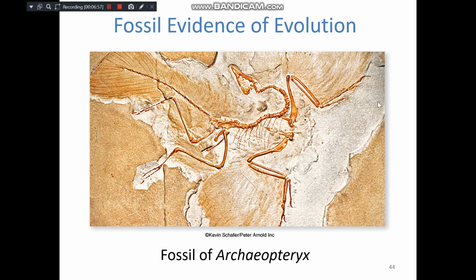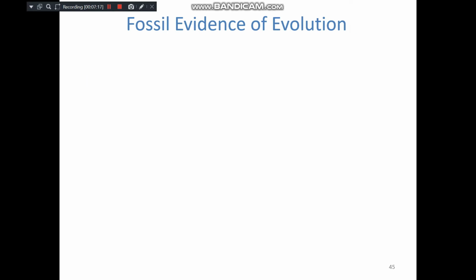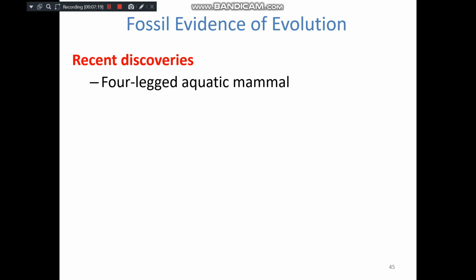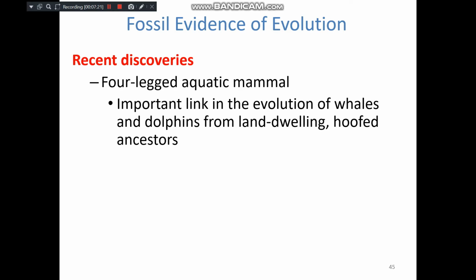This was the Archaeopteryx fossil in the photograph, and it was showing both the reptilian as well as the avian characters, sharing the characters of both groups. So based on this, we justify that birds evolved from reptiles. That's why fossils are direct evidences.